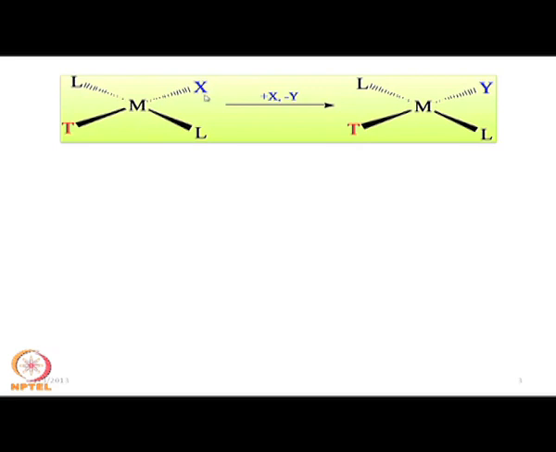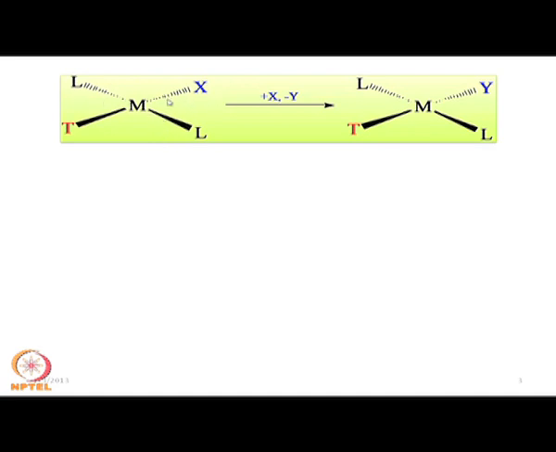But that is not happening in all these substitution reactions on square planar molecules, where we see that after removal of X, whether the solvent molecule or any other water molecule is occupying the position of X, the three other ligands, that means the two L trans to each other and T which is already trans to X, will remain at 90 degree only, and these two L are at 180 degree.